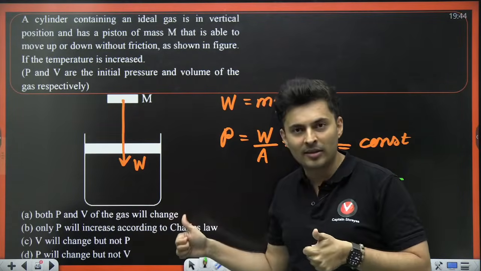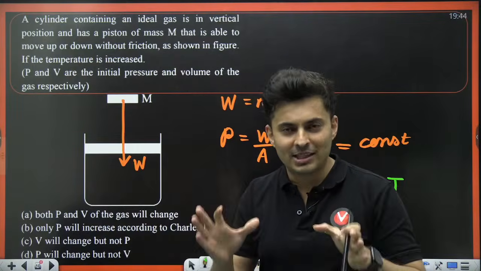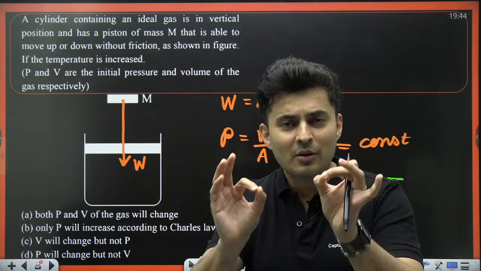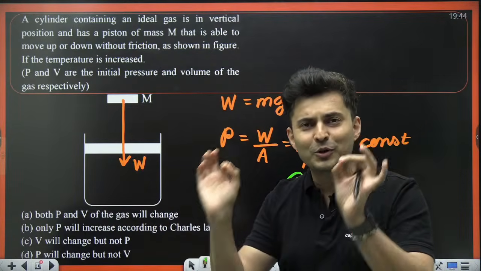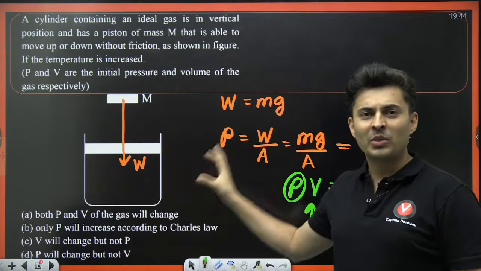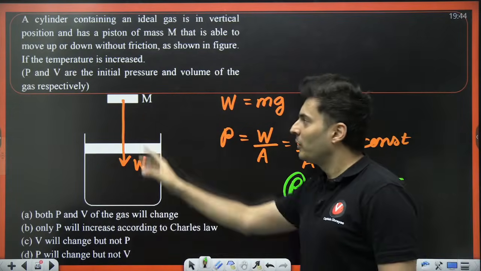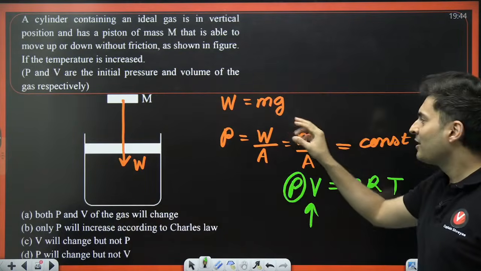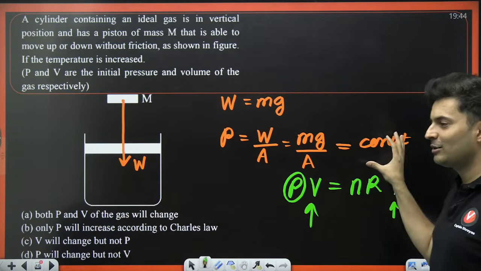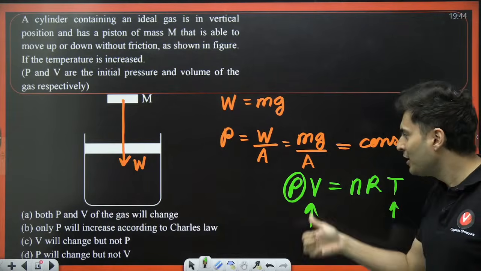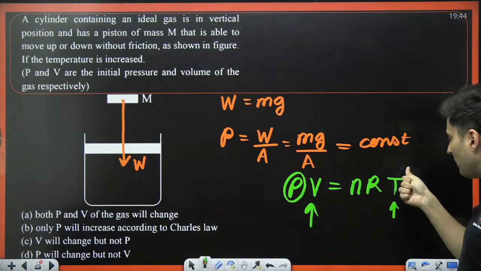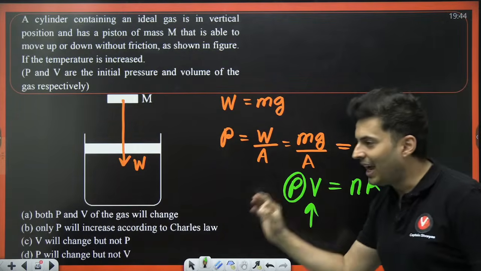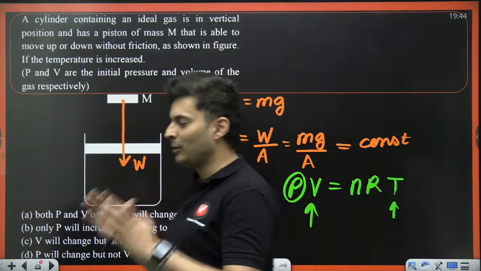Always go by laws, mathematics, formulas, principles or theorems. We know that mass has not changed, weight has not changed, hence force per unit area has not changed. That means pressure can't change. So if pressure can't change and temperature increases, volume has to increase. That is the logic behind it.